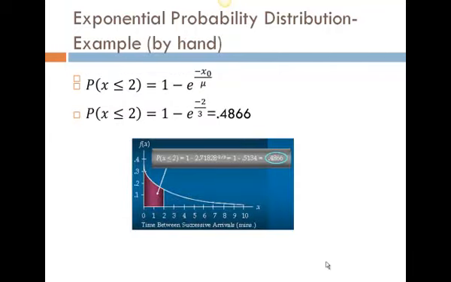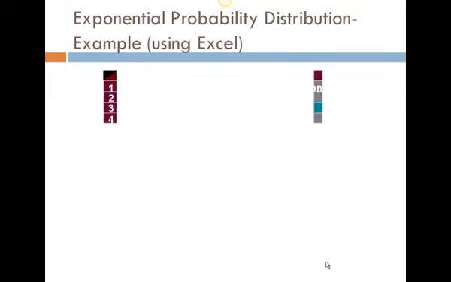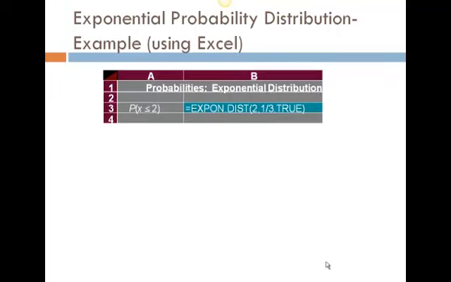So I can plug into my function: probability x is less than or equal to 2 is equal to 1 minus e to the negative x over mu, so e to the negative 2 over 3, and you're going to get 0.4866, or 48.66%.